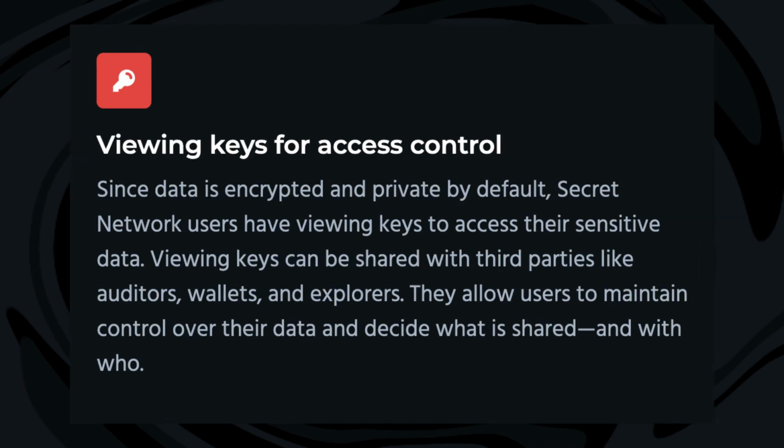So one thing to note is there's a couple of different ways on Secret Network that you can provide users access control of their information, namely viewing keys, and then also query permits is another methodology. But today we're going to be focusing specifically on viewing keys for access control.